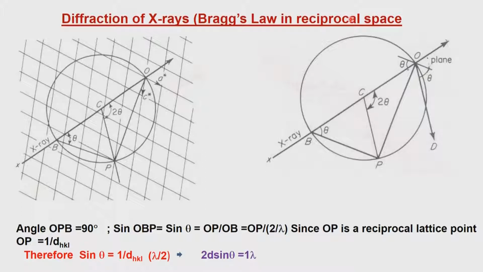As I have mentioned again and again, Bragg's law in reciprocal space is more crucial for us because what we record is I versus 2 theta, and from 2 theta we can get information on the reciprocal lattice and eventually the direct lattice. So, we take now, for example, a direct space lattice.